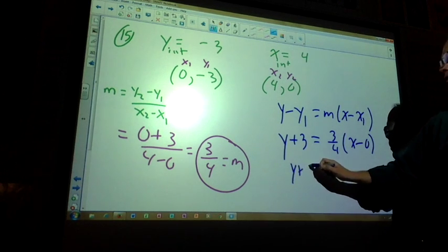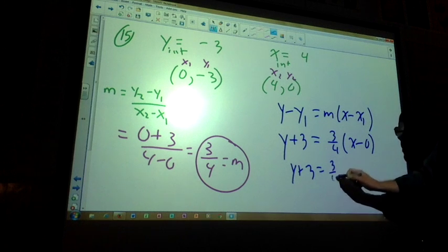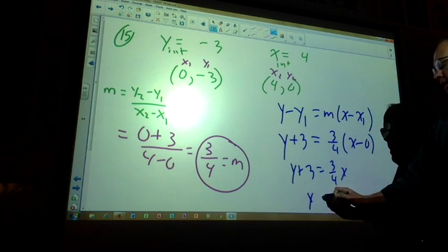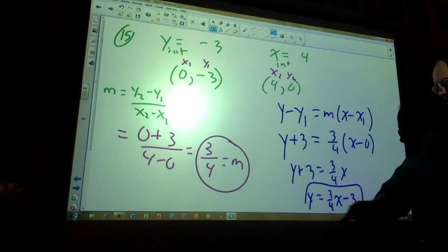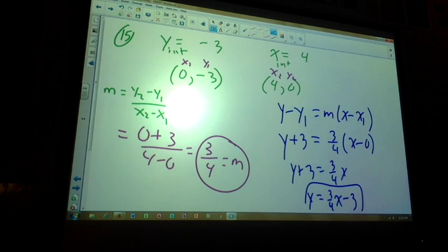So y plus 3 equals 3/4 x. So y equals 3/4 x minus 3.